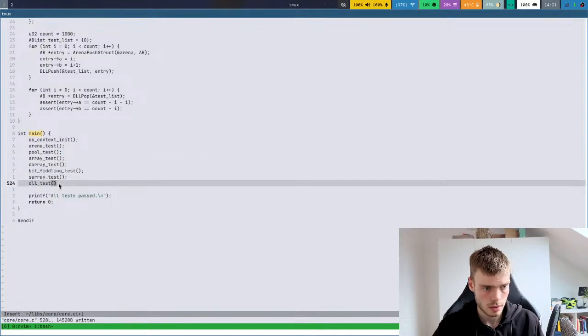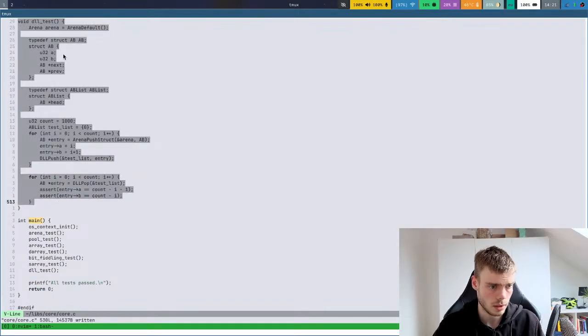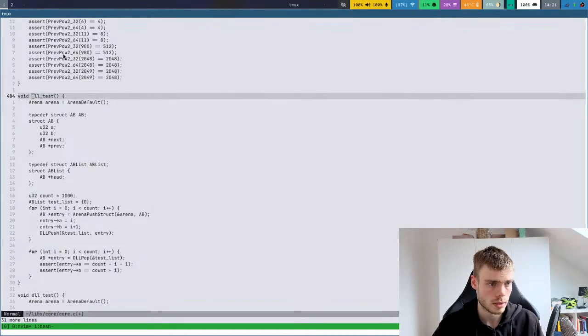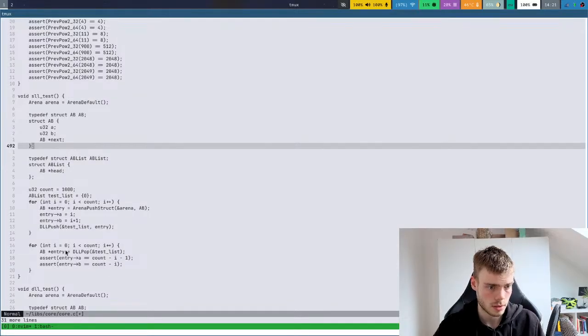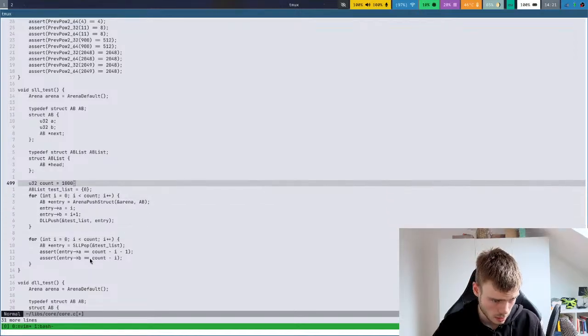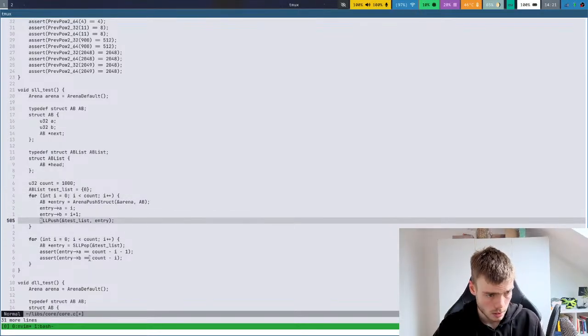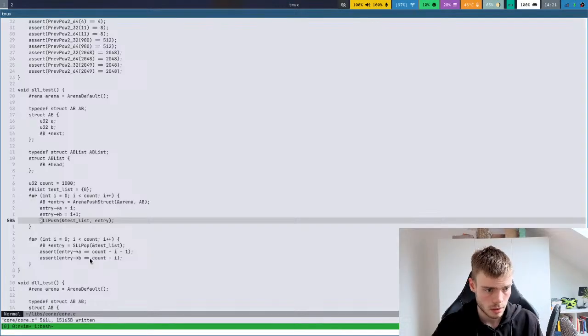So I'll test. You can also do the same thing for a single linked list as a next pop this, and we build this. No member.